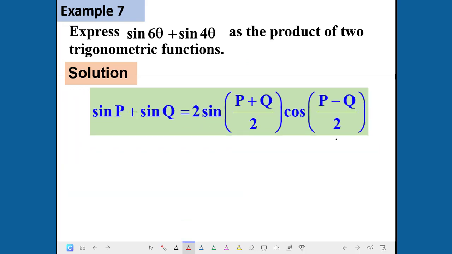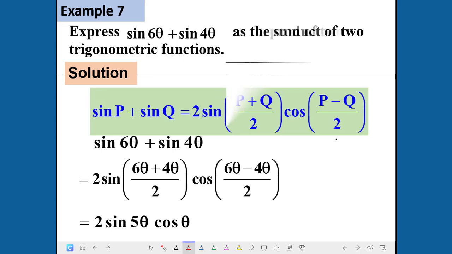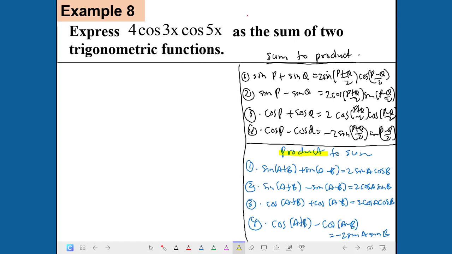The formula is sum to product. Just substitute, then get the answer. Next, express cos 3θ cos 5θ as the sum of two trigonometric functions, from product to sum. Just now, example 7 was from sum to product, so this one is product to sum.